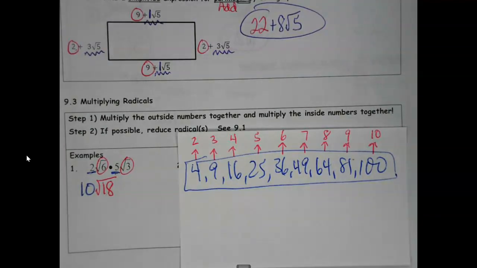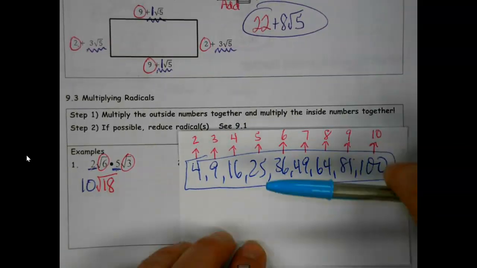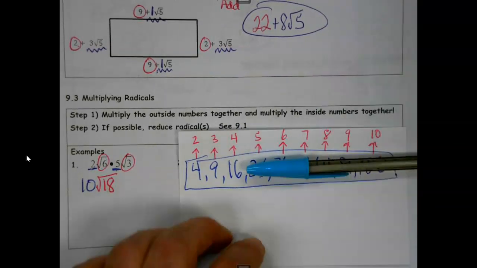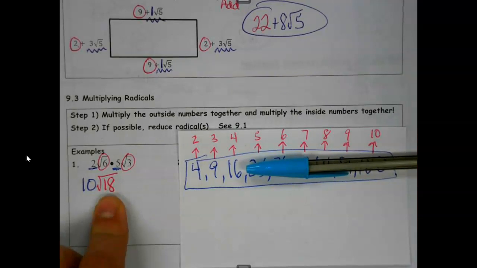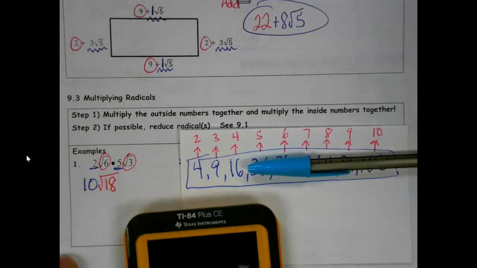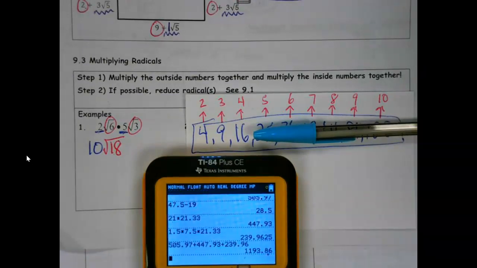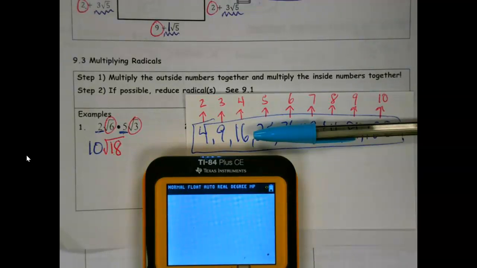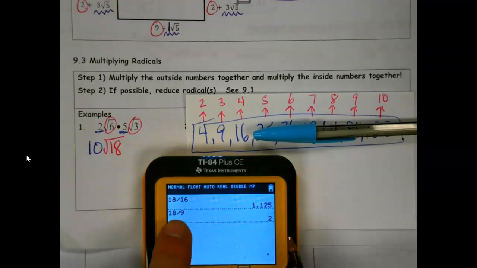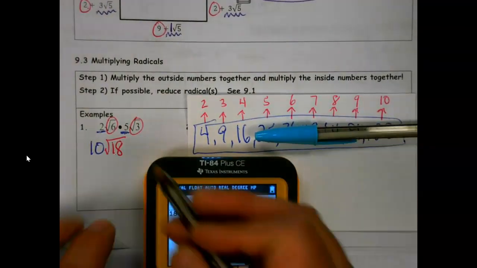Just like we were doing before, when we got to this number, trying to figure out what the radical is, we'd look at the numbers that are less than 18 and see if we could divide any of them in. Maybe you're getting to a point that you are so comfortable with this that you kind of know which ones might work and which ones just aren't going to. But here, okay, 9 went in, so 9 and 2.